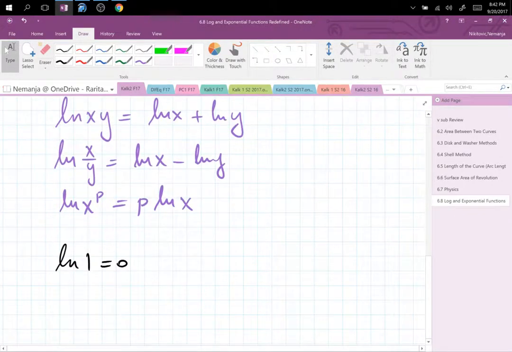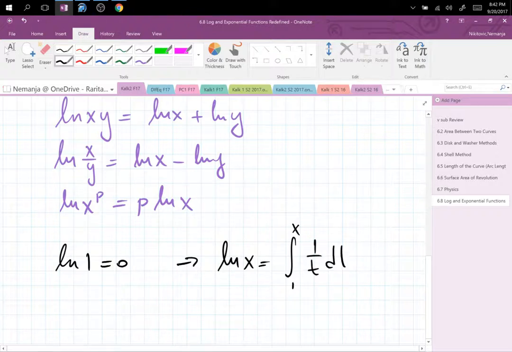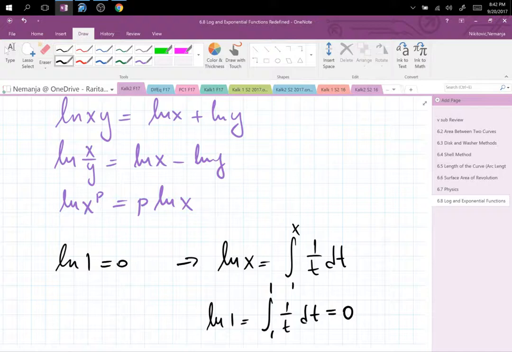So ln x was the integral from 1 to x of 1 over t dt. If you want to compute ln of 1, then that's the integral from 1 to 1 of 1 over t dt, which is equal to 0, because we have that theorem in Calculus 1. That's a really cool calculation. So there are a lot of these nice little cute proofs that you can do.